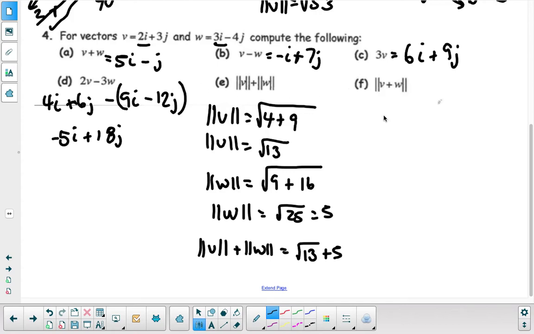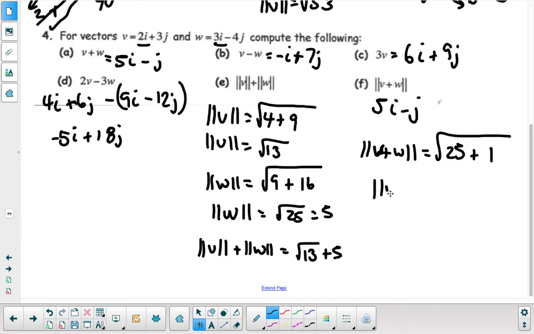So since we already did the work, we're finding the magnitude of 5i minus j. So that is going to be the square root of 5 squared plus the negative 1 squared. So the magnitude of v plus w is square root of 26.